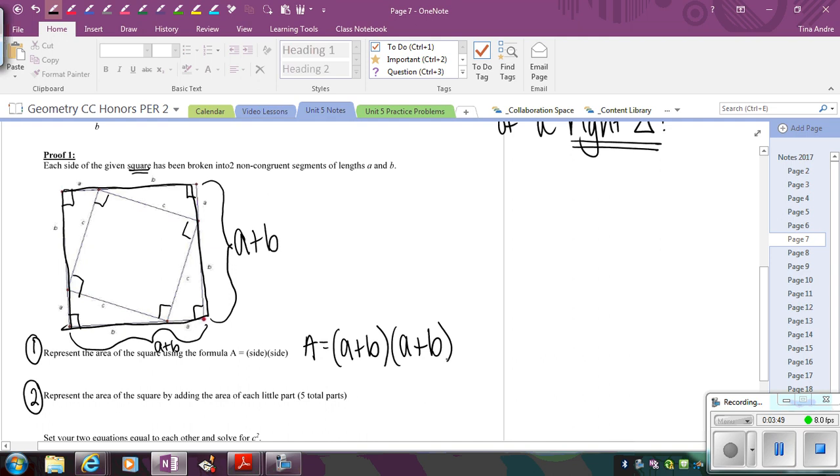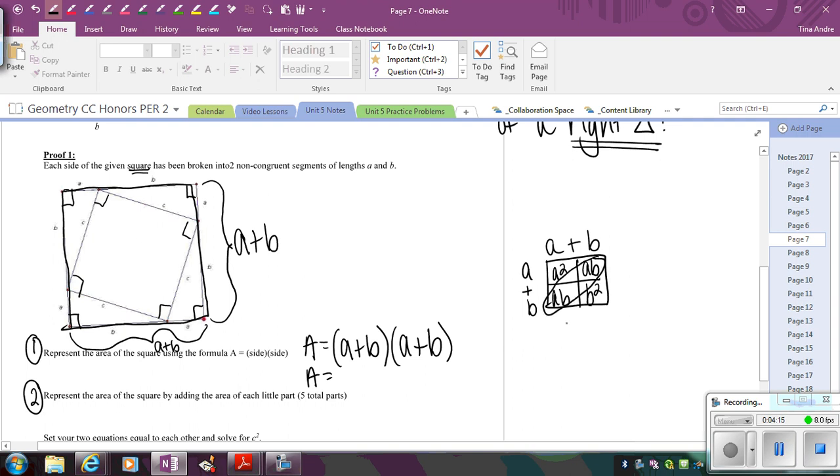And then I want to actually go through and simplify this. When we simplify this, you can FOIL. Some of you might remember from algebra doing the box or the grid to help multiply. I like to use that because, again, it's visual. So you're either foiling or I set up a grid, so it's a 2 by 2. I multiply, I get a squared. I multiply these, I get ab. Multiply here, I get a times b, and then b times b is going to be b squared.